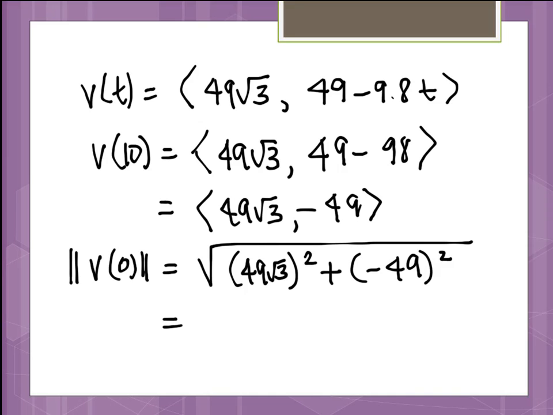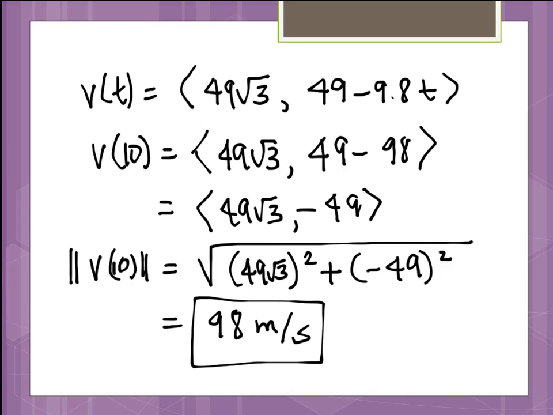Square a couple things, add them together and square root. What do you have? My magnitude, oh, you're right, it should say 10 here. Thank you. Did you get a value? 98. 98, yep. Meters per second for velocity. Yes, it does.